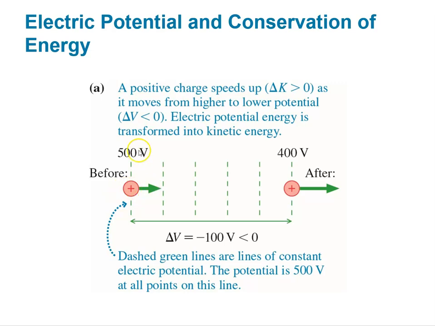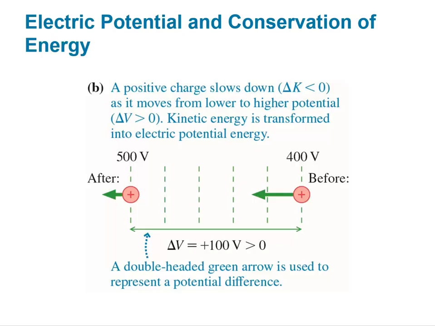And as it moves from 500 volts to 400 volts, it's going to speed up because it has a higher potential energy here and a lower potential energy here. Now, at any of these points where you have these dashed lines, the potential is the same, and they're called equipotential lines.